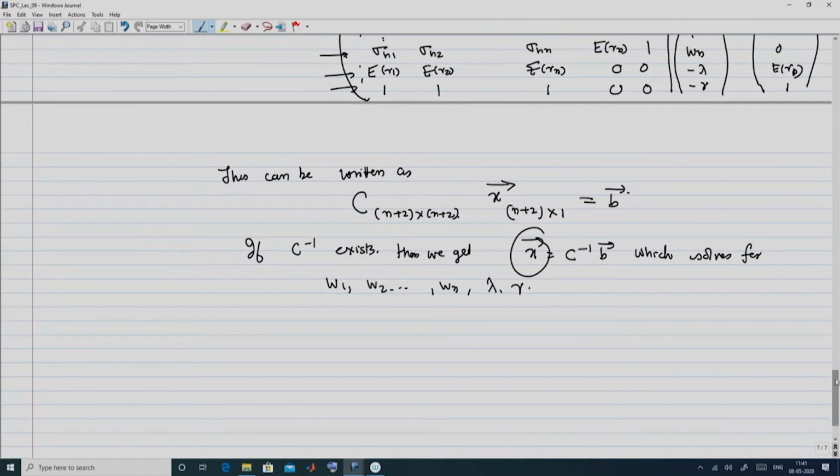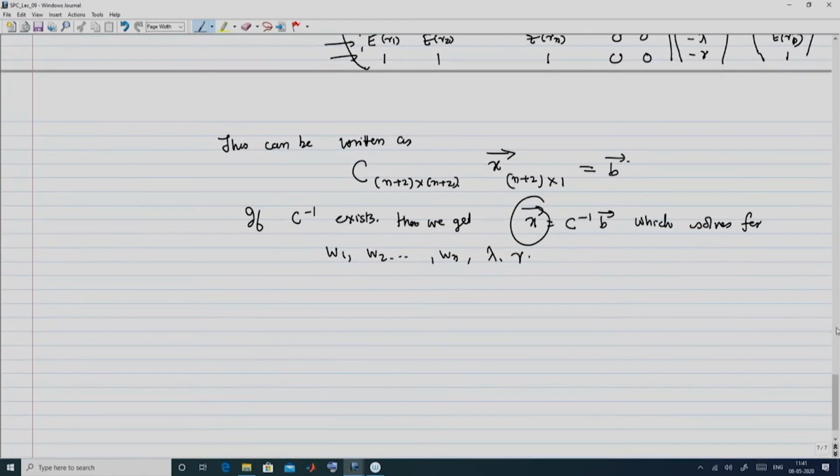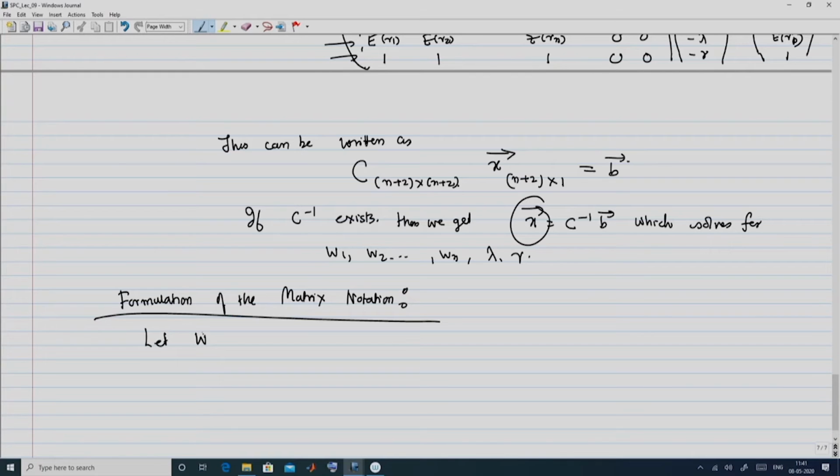Okay, now let us look at the same problem in a slightly different paradigm. So, we start off with the formulation of the matrix notation. Accordingly we introduce certain vectors.